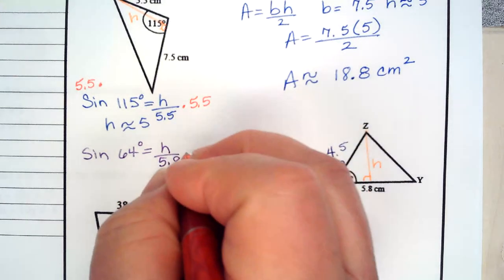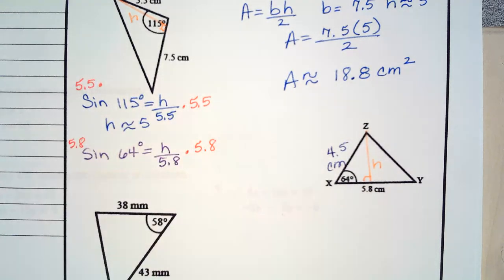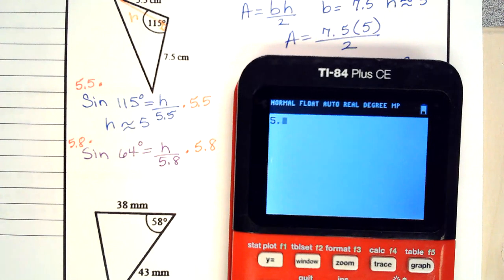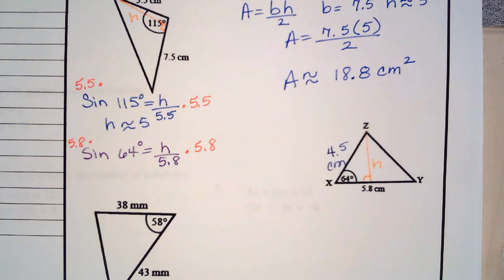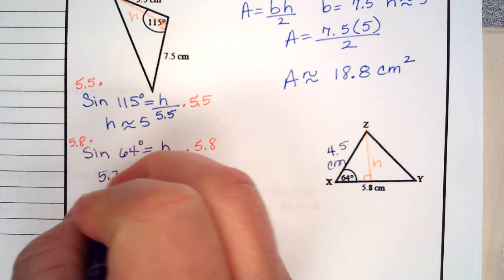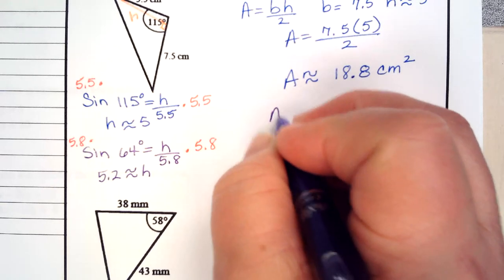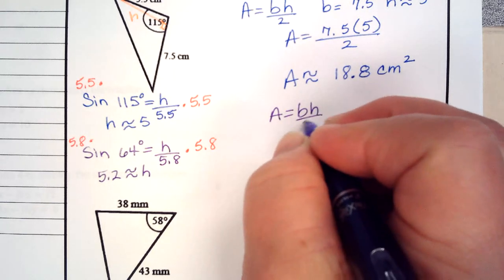Multiply both sides by 5.8. 5.8 times the sine of 64 degrees, and you get 5.21, which is about 5.2. So my height is about 5.2. So let's put it all together. My area is your base times your height divided by 2.